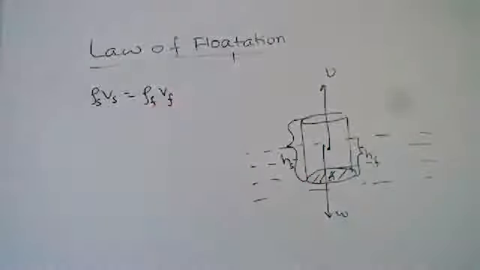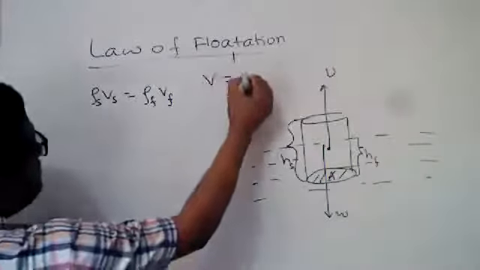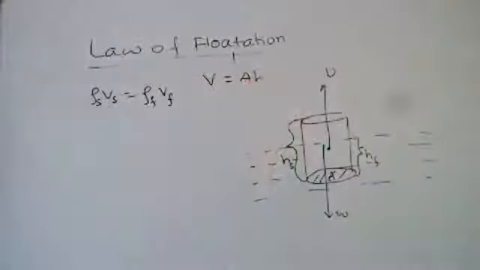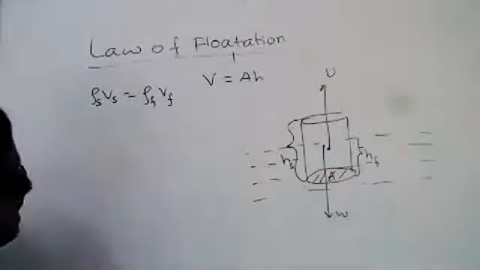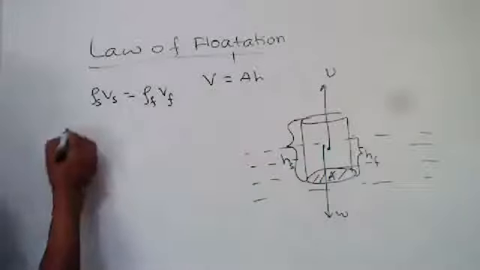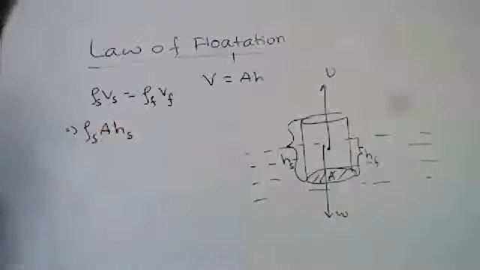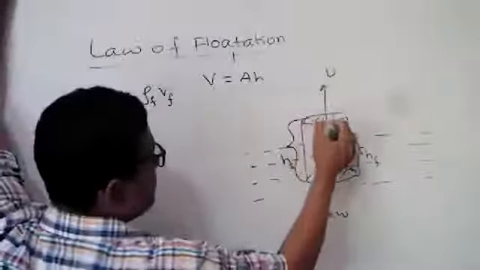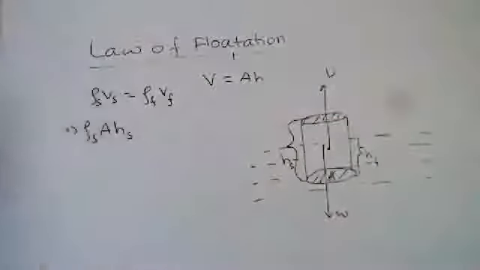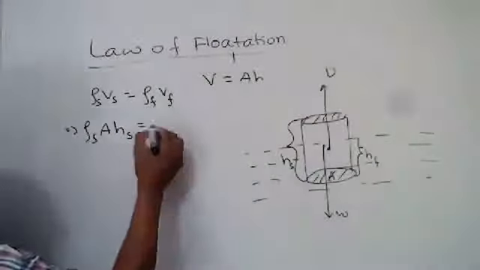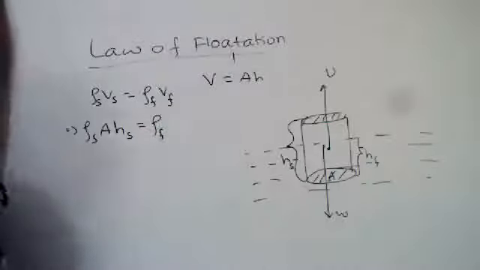Volume, we know V equals A into H, the cross-sectional area into height. Now, the volume of the solid is rho S A HS. The cross-sectional area of the cylinder is A. So we can write rho F and the volume of the displaced liquid.